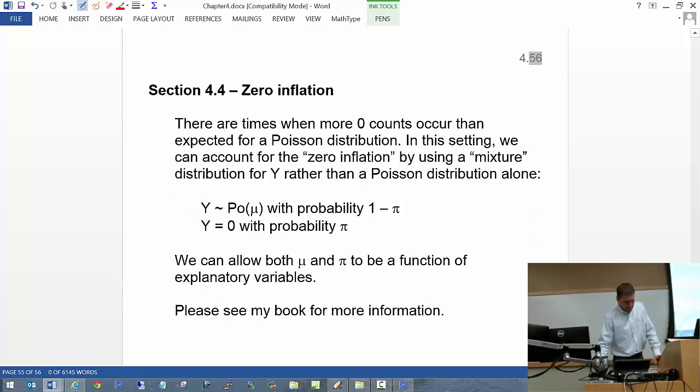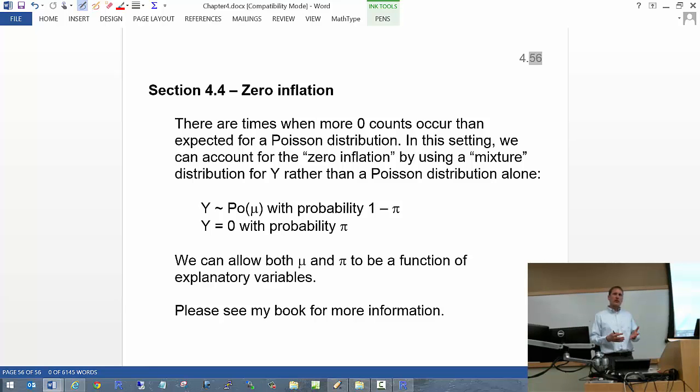Okay, so that takes us to section 4.4, zero inflation. You're not responsible for this section, but I do at least want to point it out to you to give you a little bit of background of what this means.